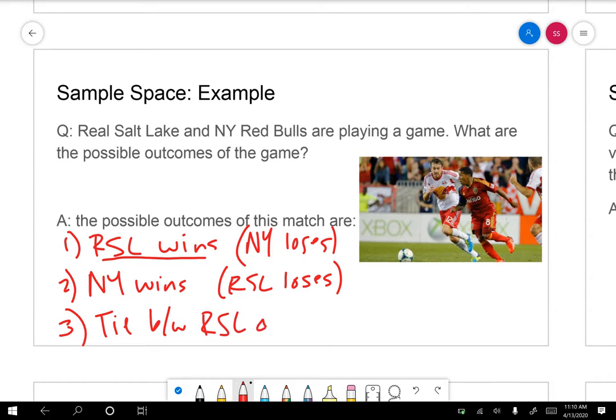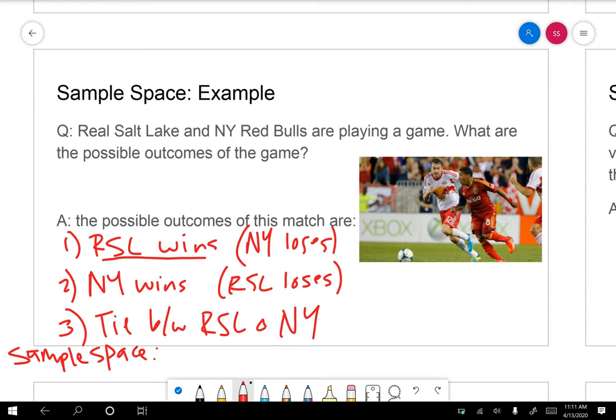Okay, so the sample space then, if we wanted to write the list of sample space, promise I can spell, you guys.